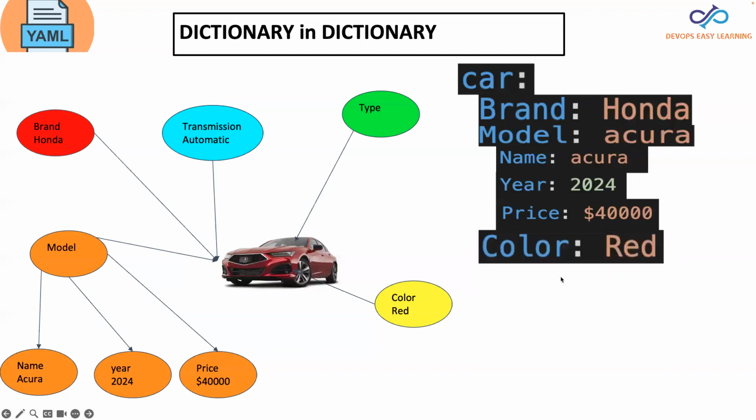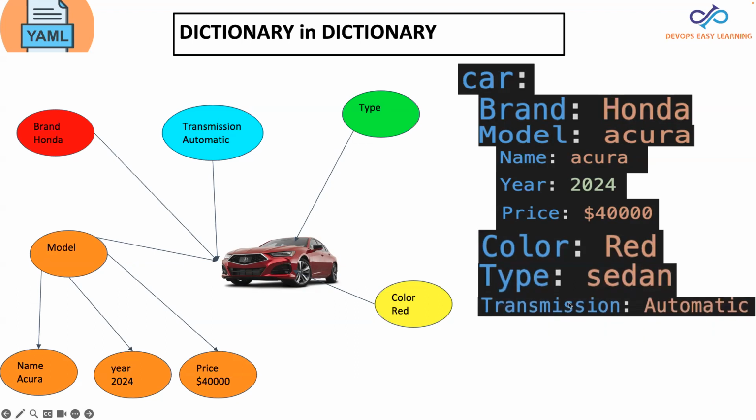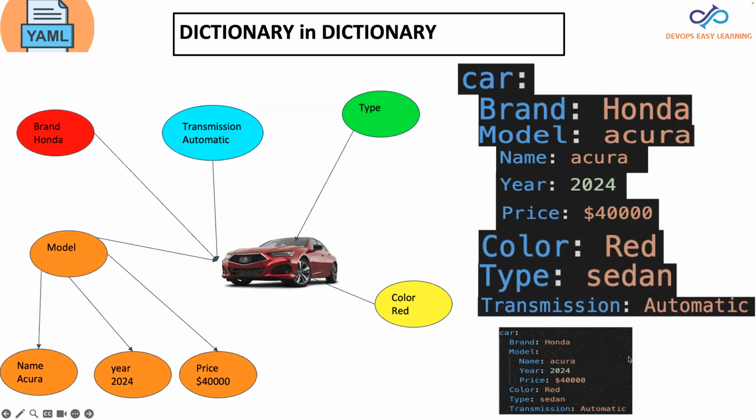Then we can continue with the color, followed by the type, then the transmission type. And at the end of the day, we are going to have something like this. So we can define a dictionary inside a dictionary, same as we can define a list, or an expanded list.